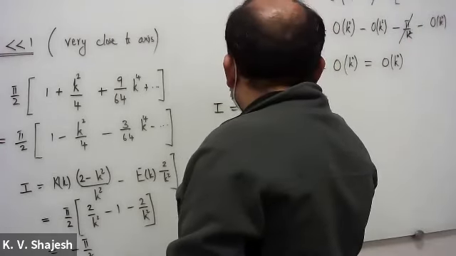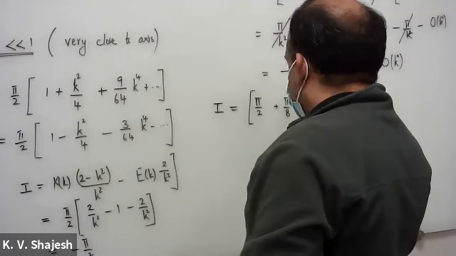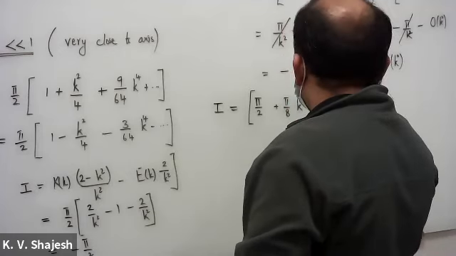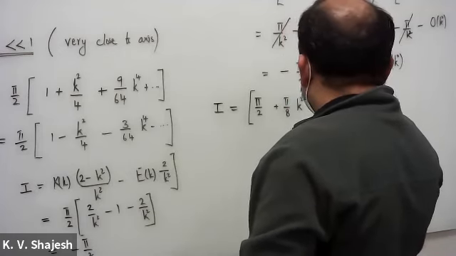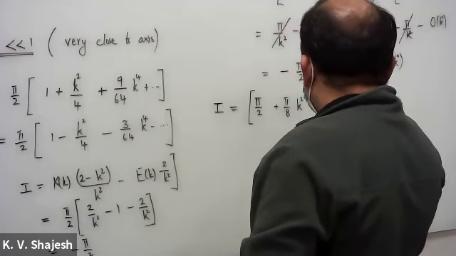And the next one is plus pi by 8, right? Plus pi by 8 k squared. This time let's be careful and I write order k4. The next one, I drop the k4, times 2 over k squared, minus 1, minus the same thing with e.